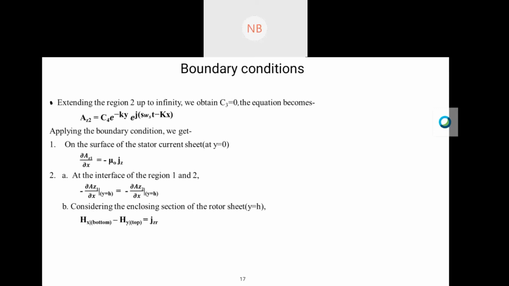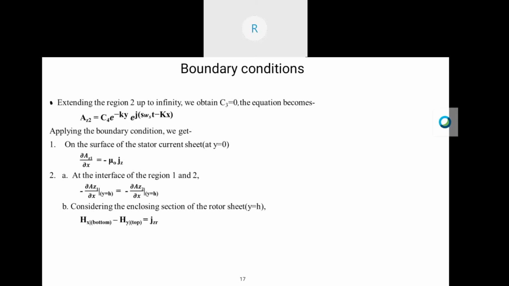For calculating those values I obtained one term, conductivity sigma, omega S, mu naught by K, and this term is said to be the Reynolds number.